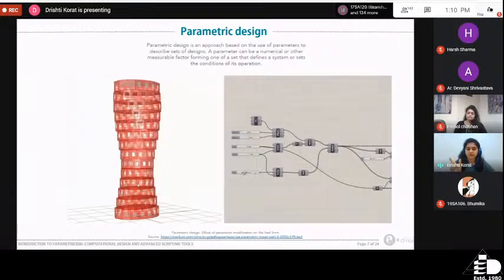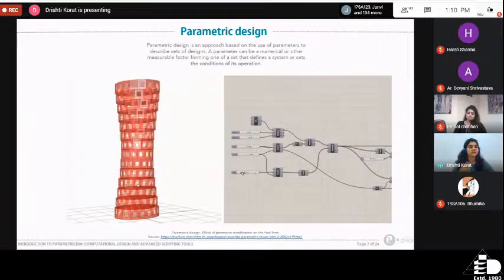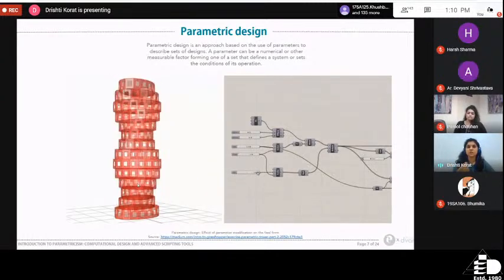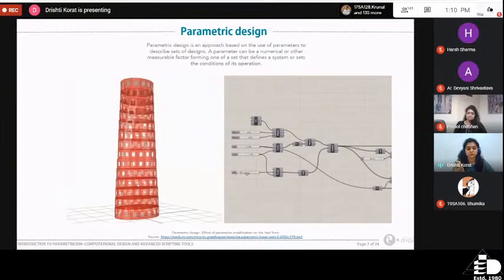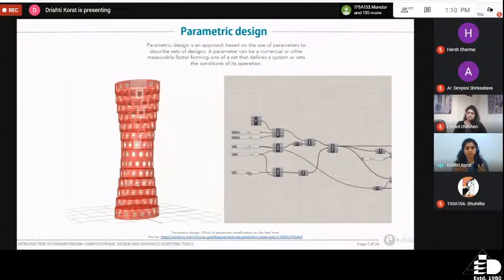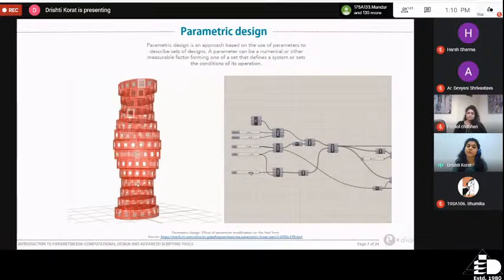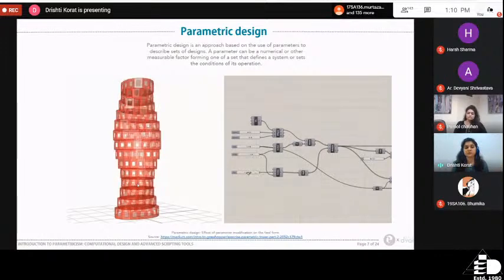Back in maths and physics, when we used a formula to derive dimensions, it's the same thing. When we talk about rules, it is this relationship between different aspects of a geometry, between lines. So if I say make a square, you'd say what is the side? The side becomes the parameter. The parameter differentiates one square from another.